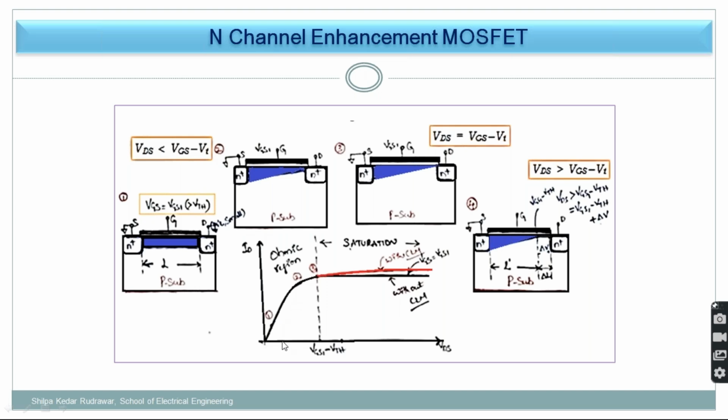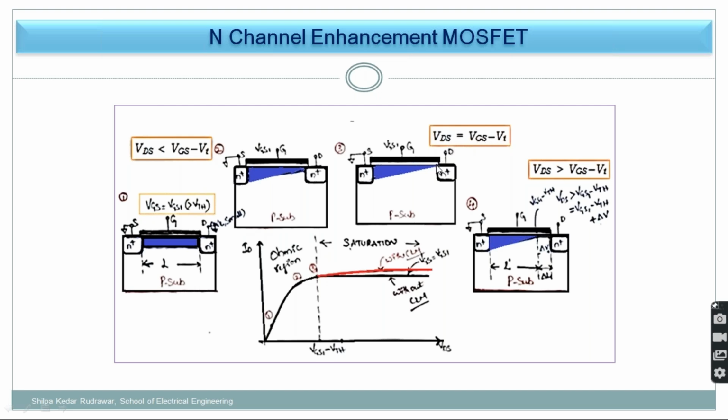Previously it was off state, and as VDS is applied, the current increases linearly, acting as a linear resistor. If this continued it would go straight like this, but because of pinch off there is a curve over here. This happens because VDS is equal to VGS minus VT, that is, the current is saturating.